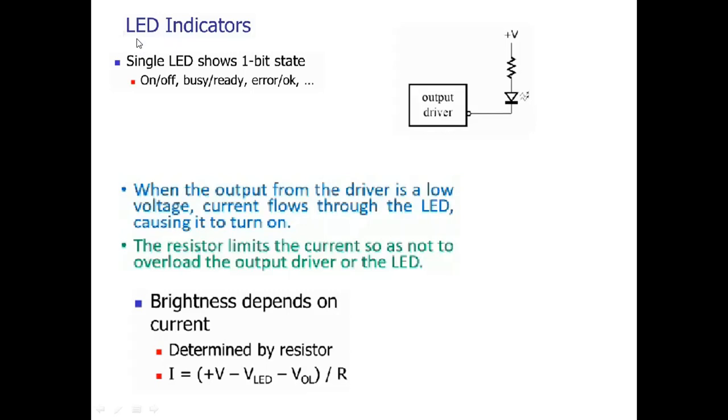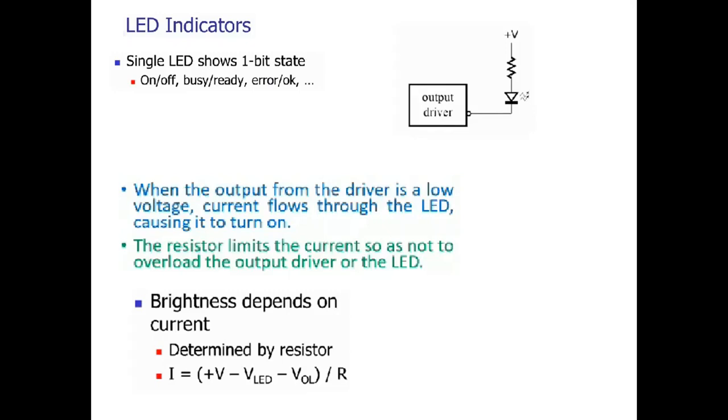To show the status of a system, for example whether it is on or off, whether we encounter an error or not, or whether the system is busy or idle, we can go for this output device, the LED indicators. These can also be used to indicate whether the system is okay or not.